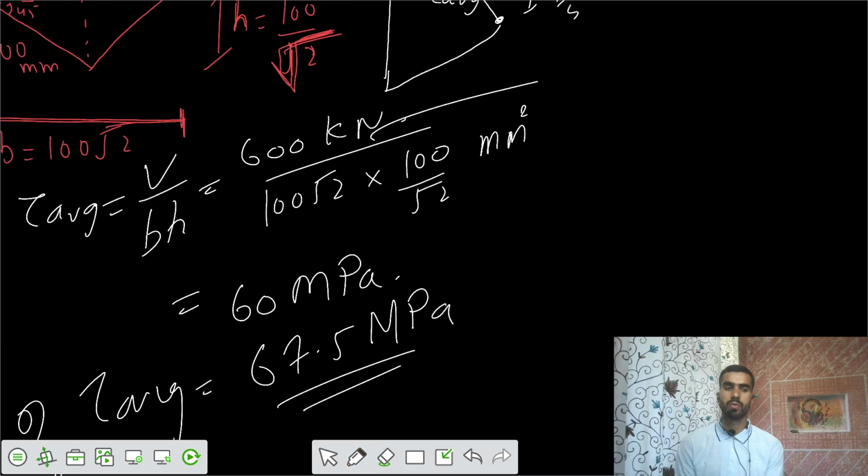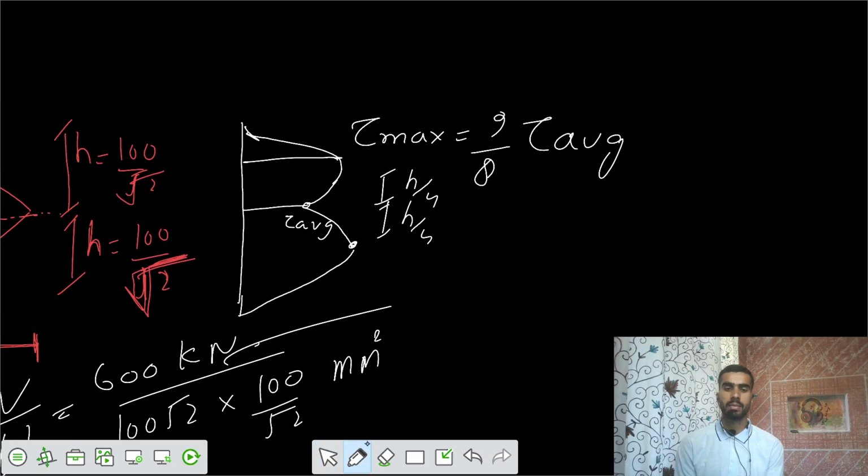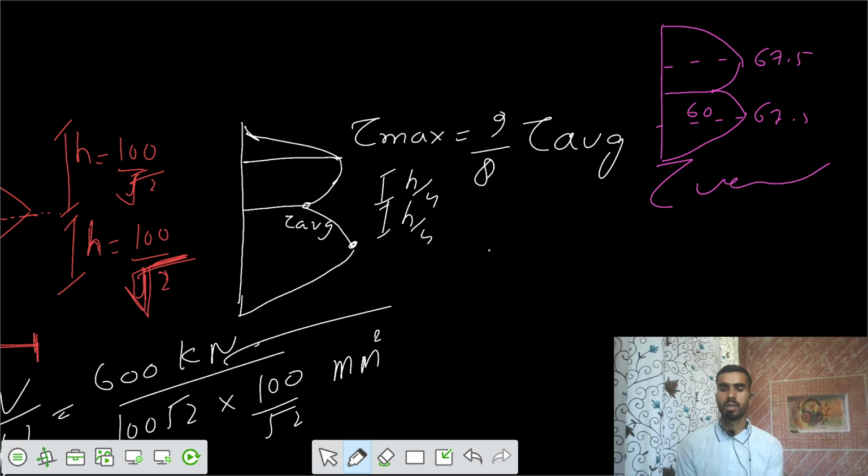So those values you can show in the diagram. This is your 60, and after that you have 67.5. Similarly, from this side 67.5. Then it decreases in a parabolic fashion. So this is your shear stress variation.